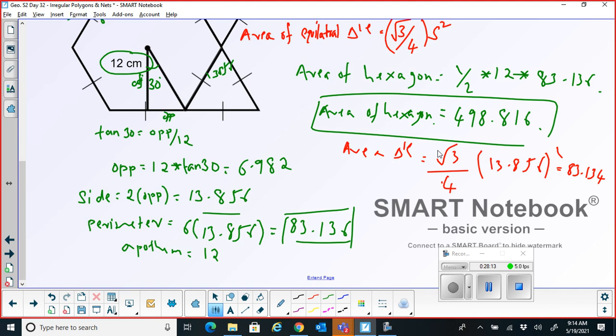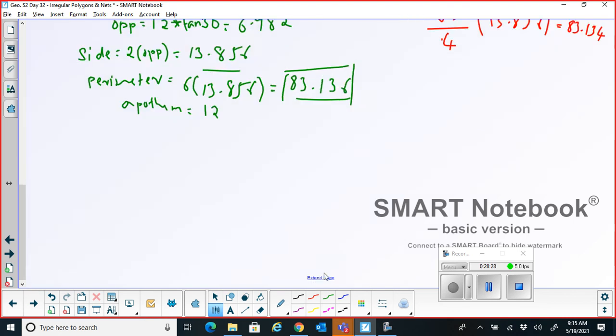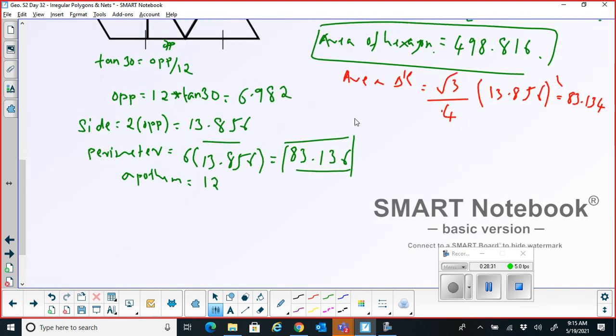So let me multiply this term. So total area of hexagon plus twice the area of the triangle. Those two triangles were congruent.